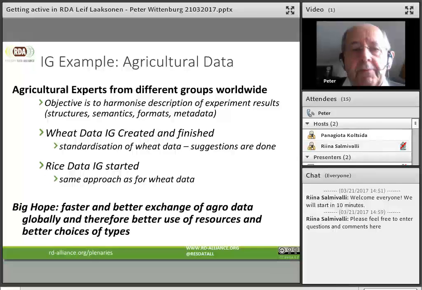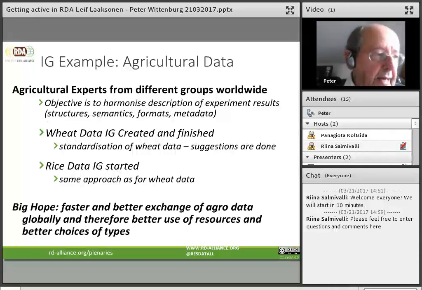Another good example for an interest group is the agricultural data interest group. Why do these agricultural people from all places over the world select RDA as a platform to come together? Since they already have platforms. But what we understood is that there is also competition between different platforms they have.